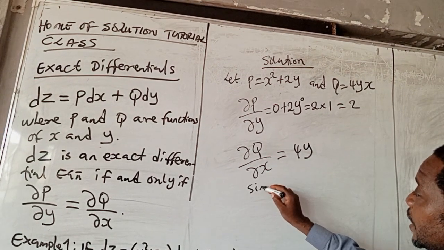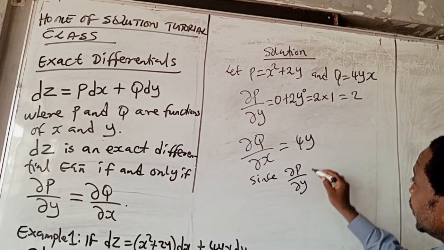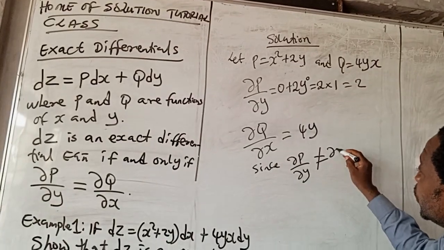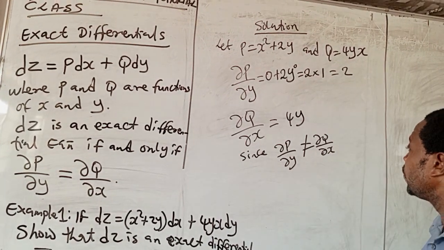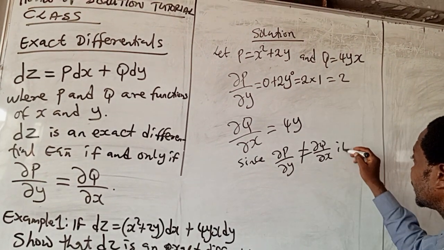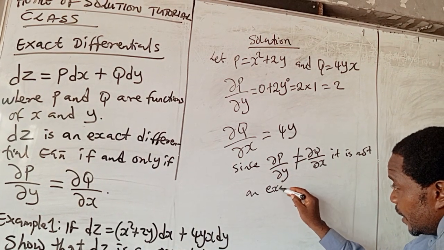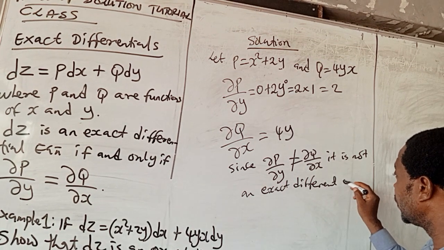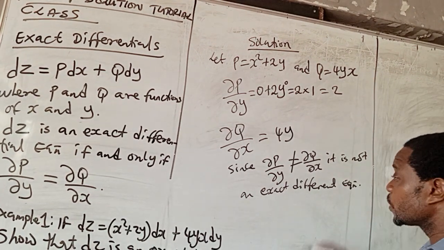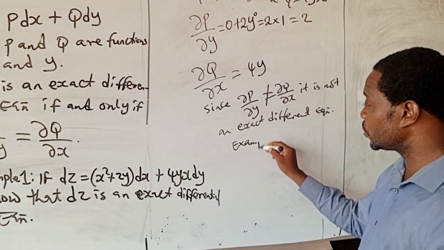So you now say, since p partially with respect to y is not equal to q partially with respect to x, it is not an exact differential equation.